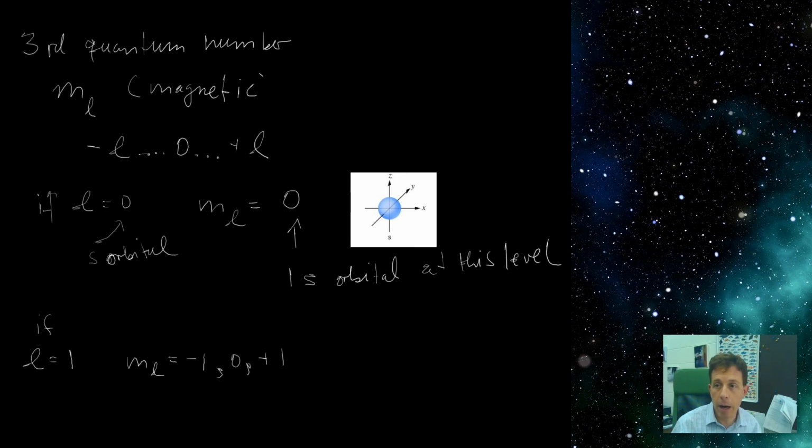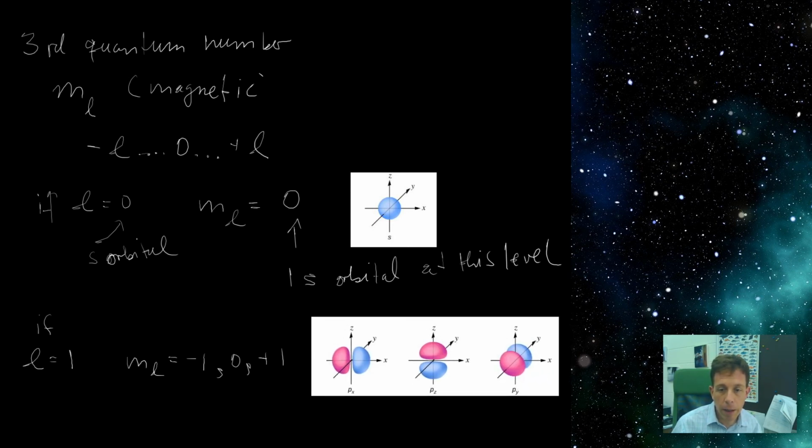So we have one orbital in the x-axis, one in the y-axis, and one in the z-axis. And that explains that we have 3 p orbitals at this level. So it means we can have up to 3 p orbitals.